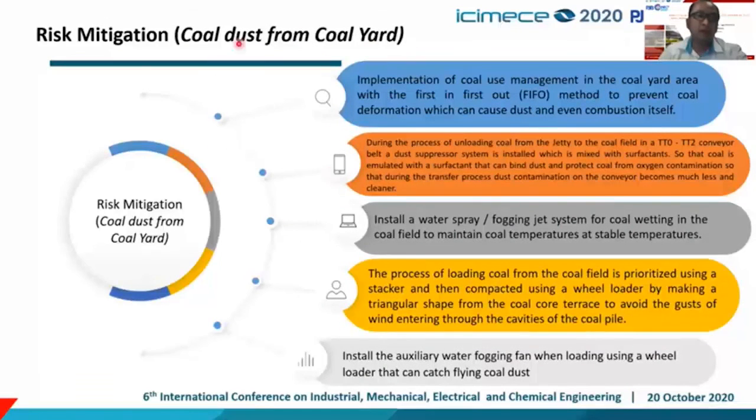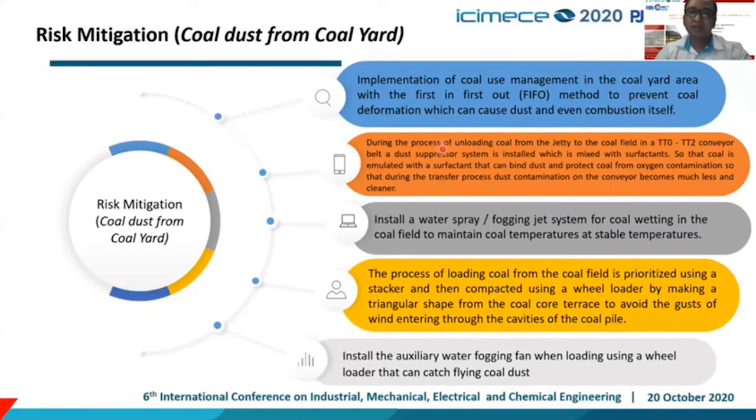And for risk mitigation of dust from the coal yard, we have 5. The first is the implementation of FIFO, first in, first out, because this method can prevent coal deformation, which can cause dust and even self-combustion.